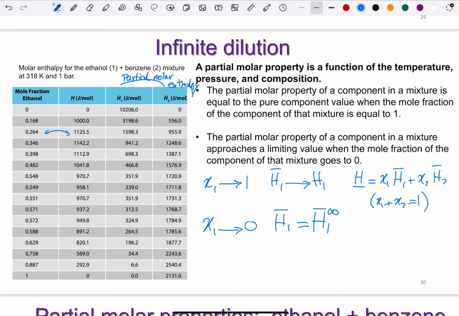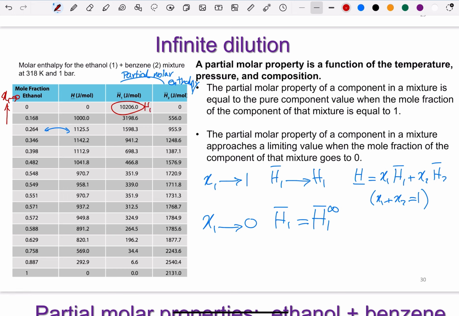We are going to use this superscript infinity to distinguish that. It's very important. So if you look at the table here, as X1 goes to 0, you have a finite number for H1 bar. That's the infinite dilution for the enthalpy of component 1. Okay, so this is H1 infinity.